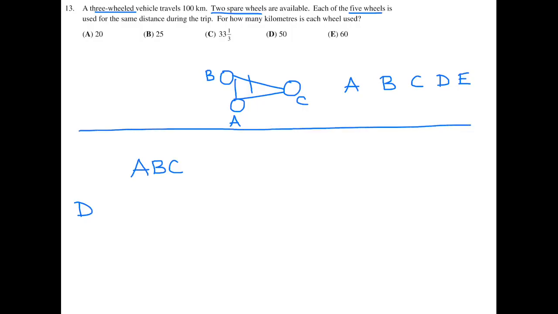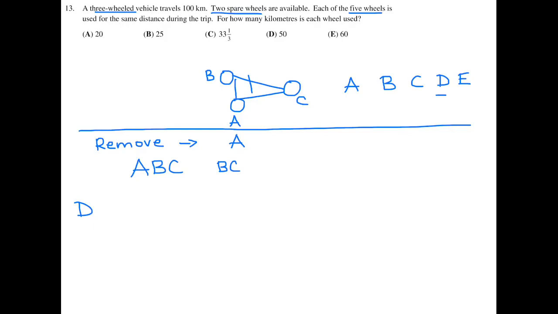And then after a certain amount of time, we will start to remove one wheel at a time. And let's say the first wheel we remove is A. So if we remove A, we'll have B and C remaining.